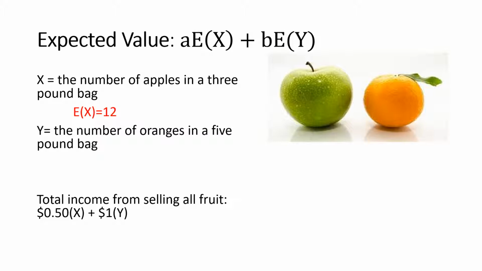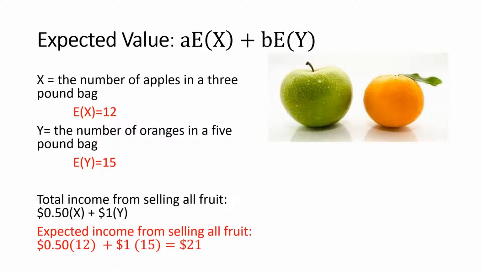And y, the number of oranges in a 5-pound bag, will also have an expected value, which we'll assume for the sake of this example is 15. Now if we want to find the expected total income for selling all of the fruit, we take 50 cents times the expected value of X, that's 12, plus $1 times the expected value of Y, that's 15. And so our expected total income from selling all the fruit is $21.